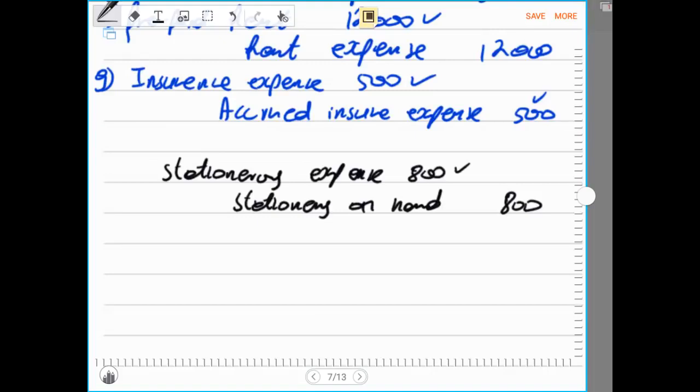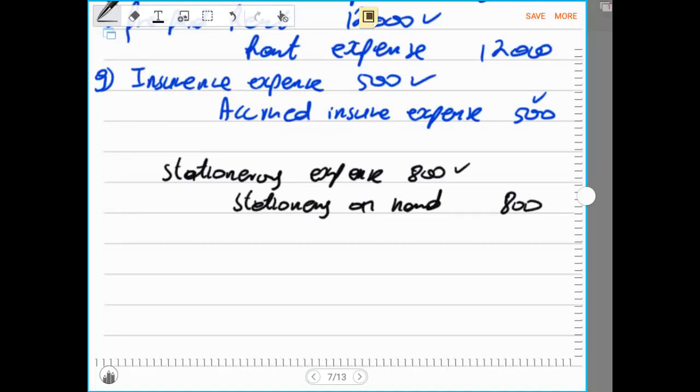Why that is the case is because I told you that we are using a method where whenever we record stationery expense, or whenever we buy stationery, or cleaning material, or whenever we buy consumable items, they must be recorded under the stationery expense account. Then whatever is left at the end of the year will be an asset or inventory of stationery on hand.